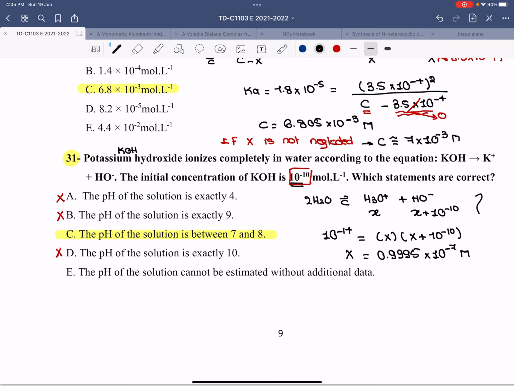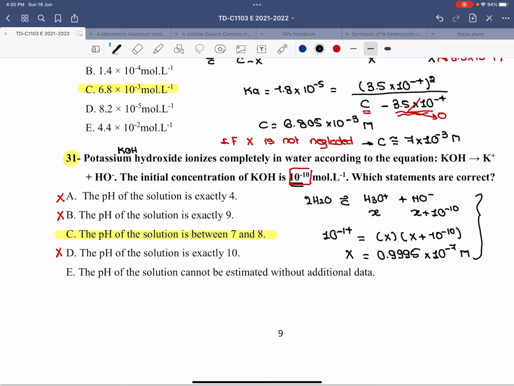Of course you don't do this, but you think that the base added has a very low concentration, meaning the autoionization of H2O is dominant. However, when the autoionization of H2O is dominant, the pH is 7. That's what we agreed on with the errors. What is it that you added? You added a base. This base will slightly raise the pH of your solution.